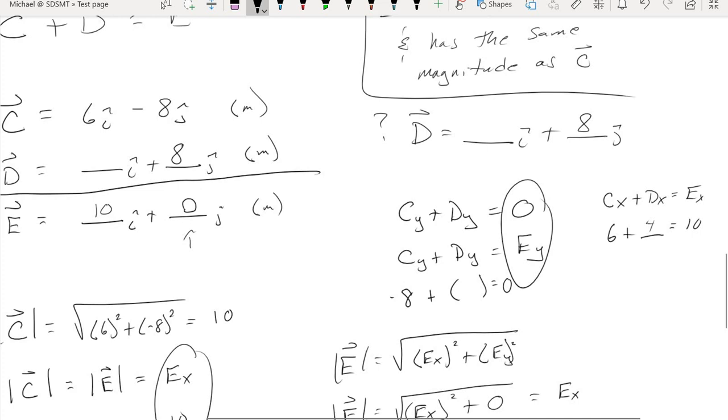The only way that's going to happen is if D has an x component of 4.